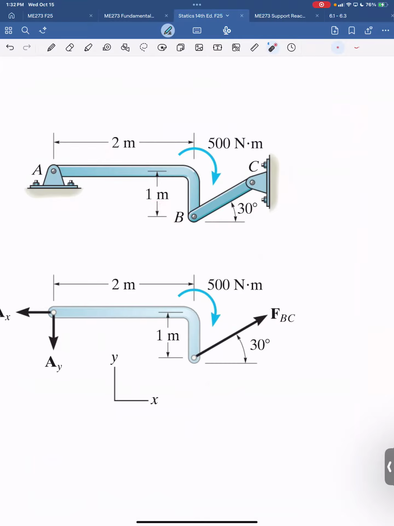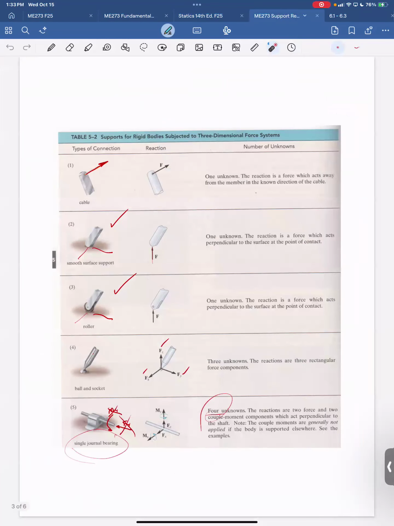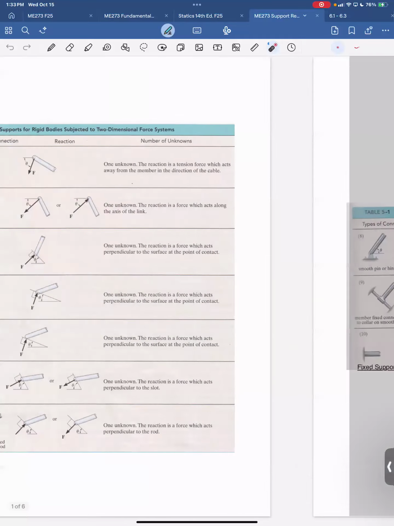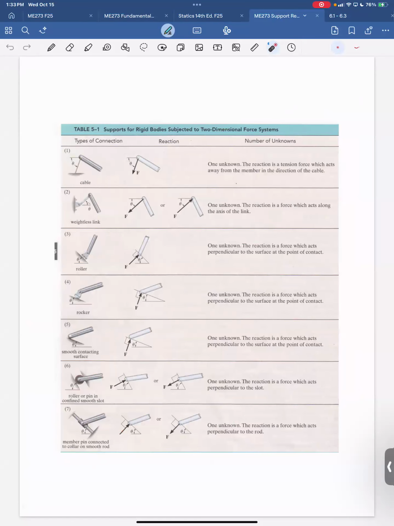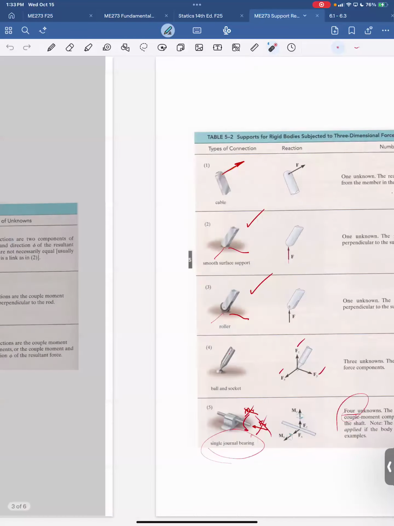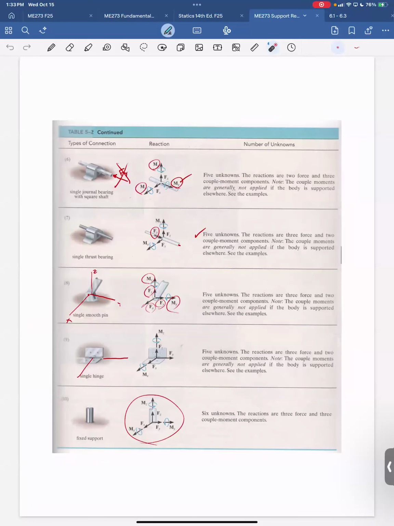And wherever you cross a force or a support, in this case, this pin and this pin right here, you need to replace that support with its support reactions, which are given by these tables. Remember, we went over these already in class. I'll give you these tables on the test. This one for 2D and also this one for 3D. So you don't have to worry about that.